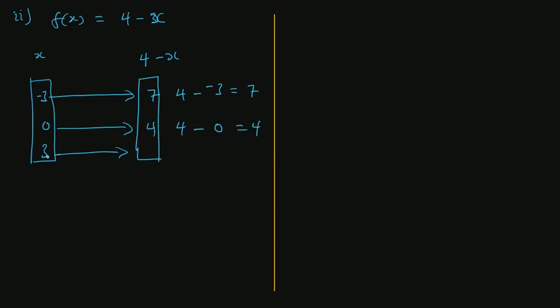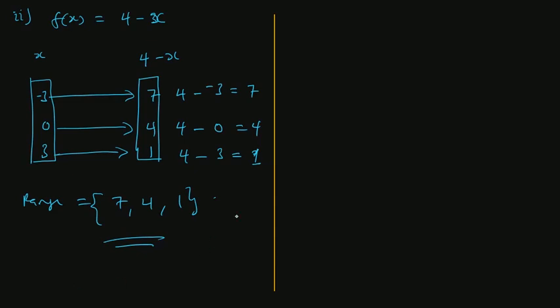Then when x is 3, substitute here, we have 4 minus 3, which gives you 1. So the range is 7, 4, 1 in that order.